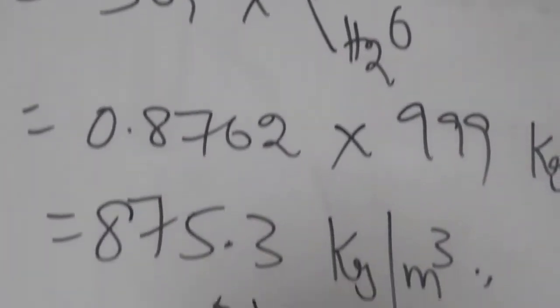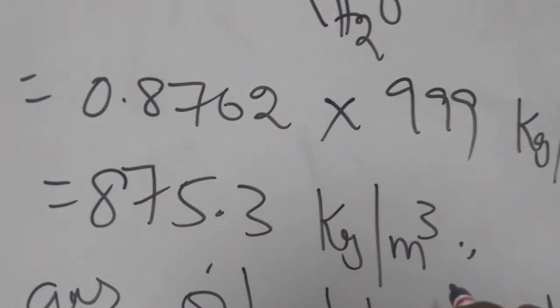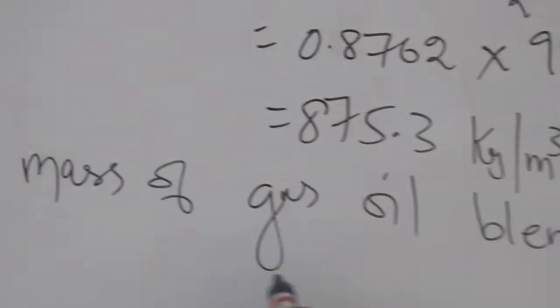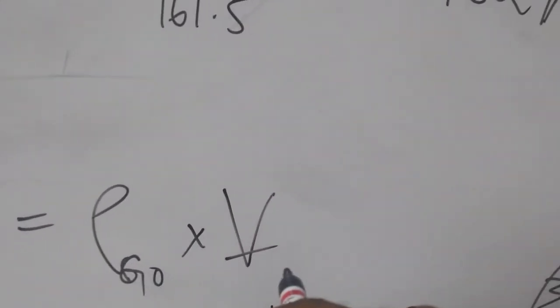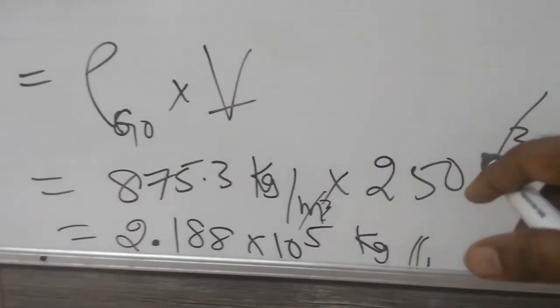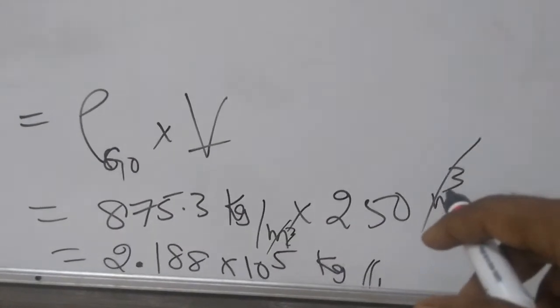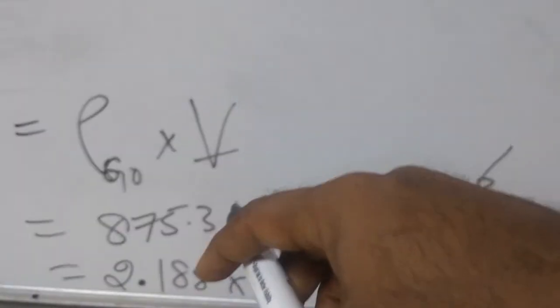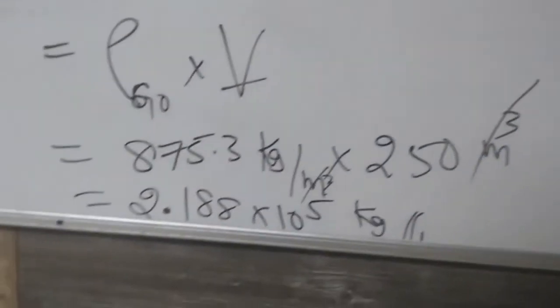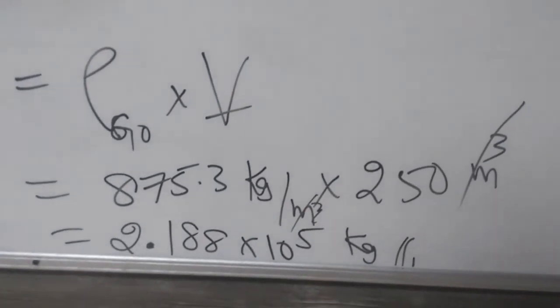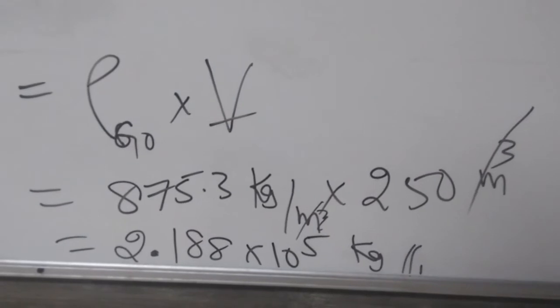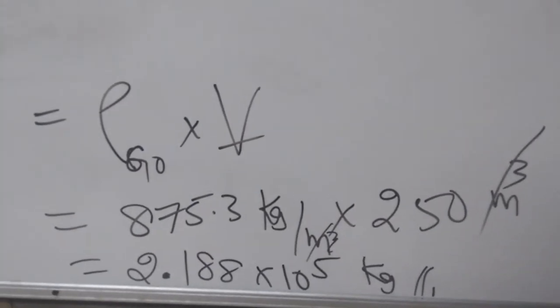So we got 875.3 kg per meter cube. Then we determined the mass of the gas oil blended with the fuel oil by multiplying the density with volume. 250 meter cube multiplied by density 875.3 gives the mass of the gas oil, that is 2.188 into 10 power 5 kg.